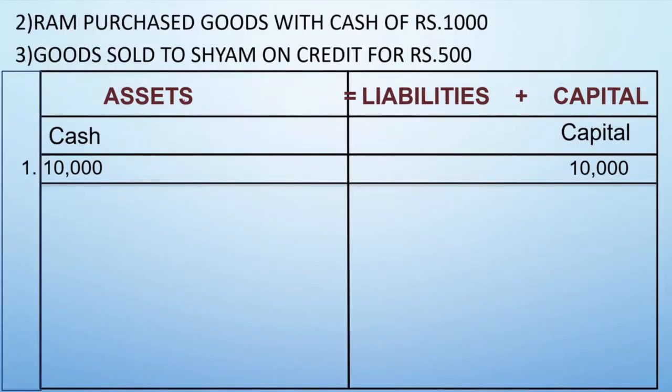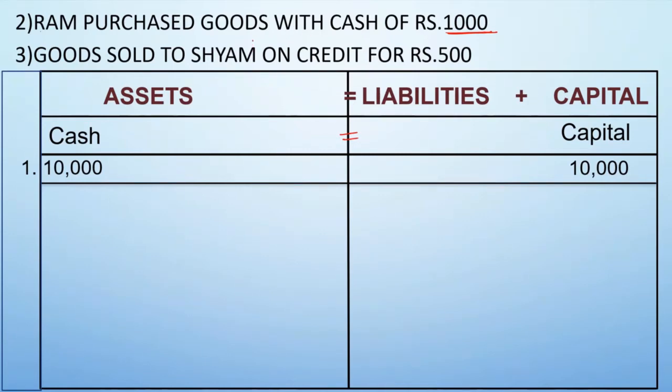Here we get the second transaction, which says that Ram has purchased goods with cash of 1,000. We need to think: if Ram is purchasing goods, is it increasing the asset or the liability? Ram is the owner of the business, and he has purchased the goods for us.